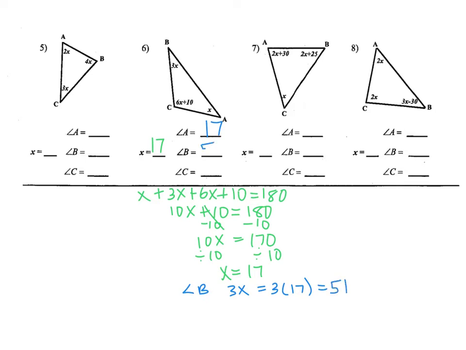So angle B is 51 degrees. And angle C is 6x plus 10. So I'm going to rewrite that as 6 times 17 plus 10. And 6 times 17 plus 10 is going to give us 112.